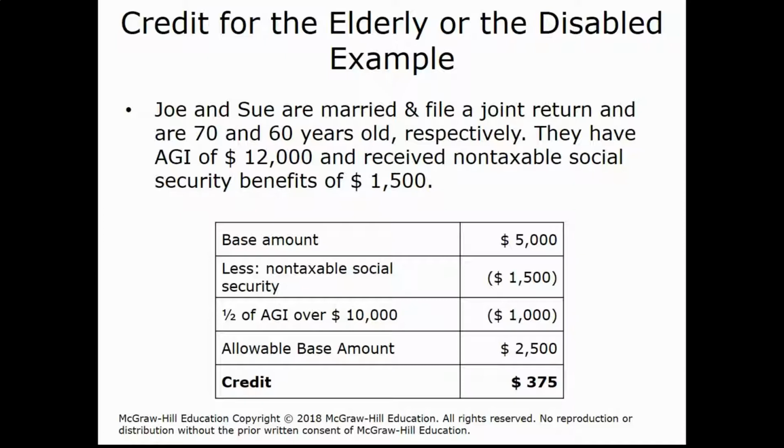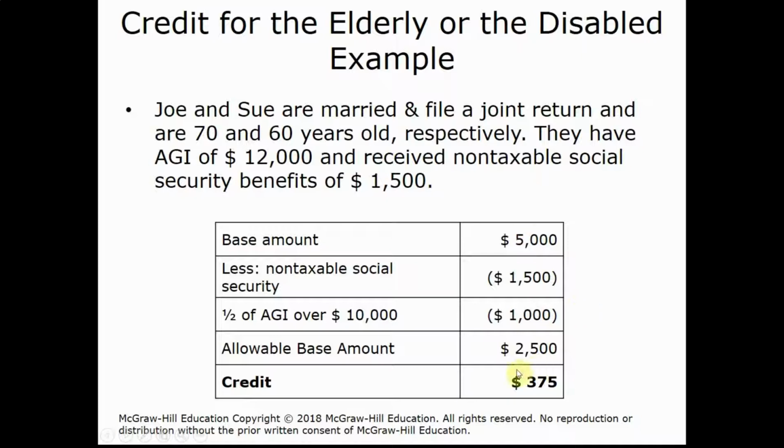However, when we look, we see a base amount for Joe and Sue, who are married, filing a joint return. One is over 65, the other is not. AGI is $12,000, and they received non-taxable Social Security benefits of $1,500. So we're going to take out those non-taxable Social Security benefits from this $5,000 base amount. And then we're going to deduct half of the AGI over $10,000. We have $12,000 minus the $10,000 base, which is $2,000, and then we'll take half of that, which is $1,000.